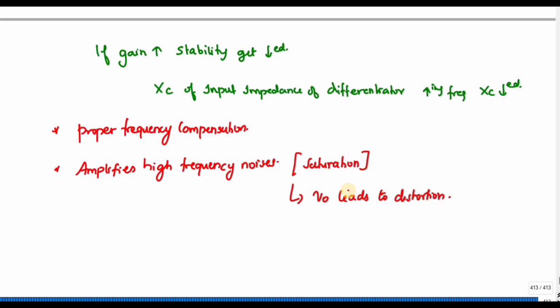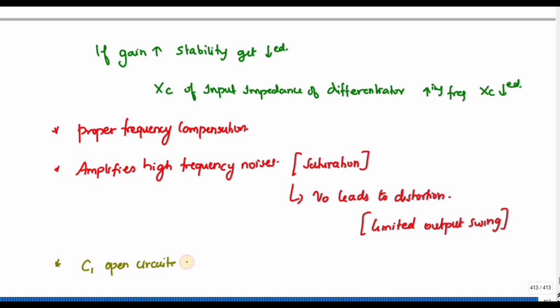So what does saturation mean here? The output leads to distortion, and that is what saturation means here. It leads to a limited output swing. There are also other limitations at low frequency.